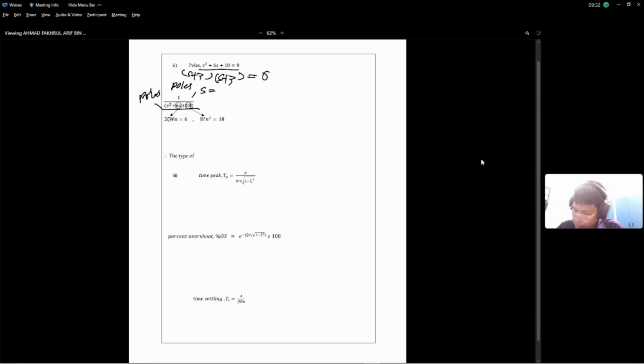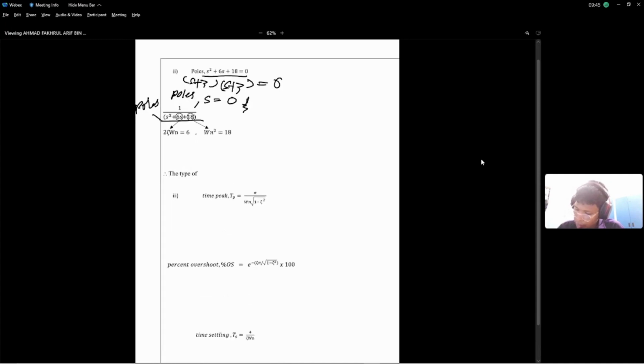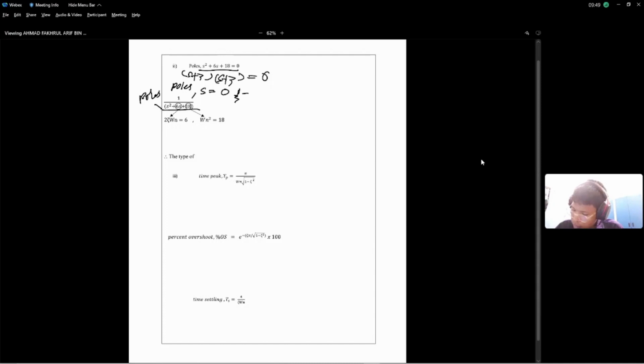The first pole is 0 because of the s before the equation, s equal to 0, and then this one s equal to negative 3 plus minus 3j.